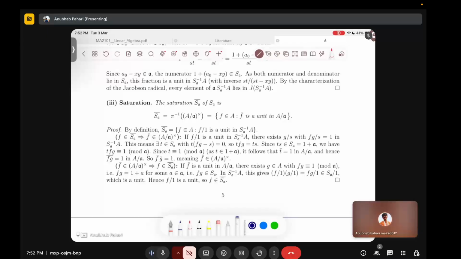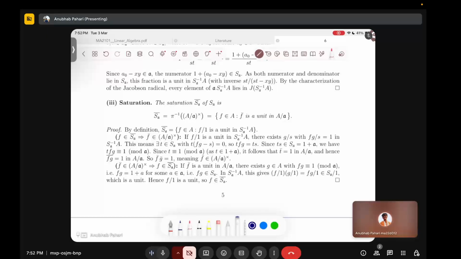Since ts belongs to S_A, which is 1 plus A, we have tfg congruent to 1 mod A. Since t is congruent to 1 mod A as t belongs to 1 plus A, it follows that t bar equals 1 in A/a, and hence fg bar equals 1 in A/a. So f bar g bar equals 1, meaning f bar belongs to (A/a) cross.